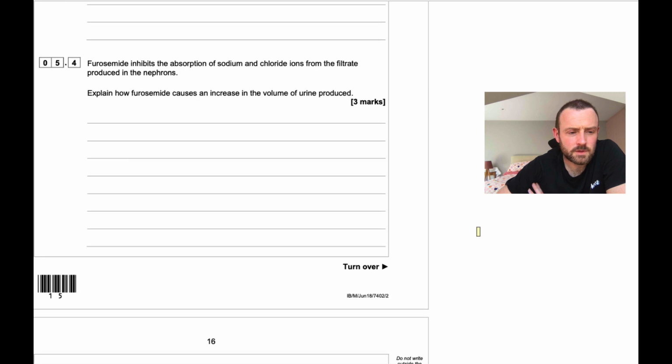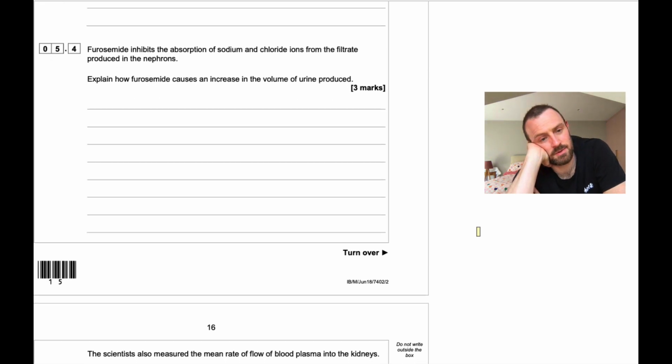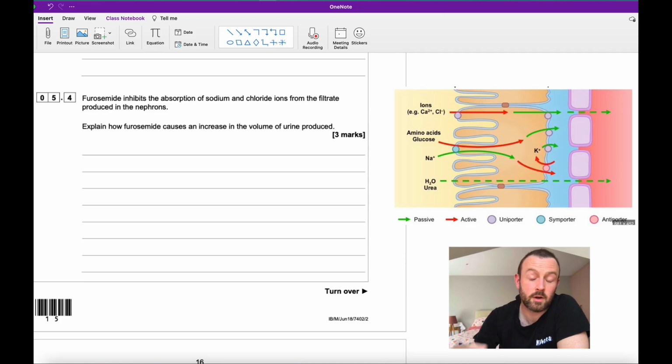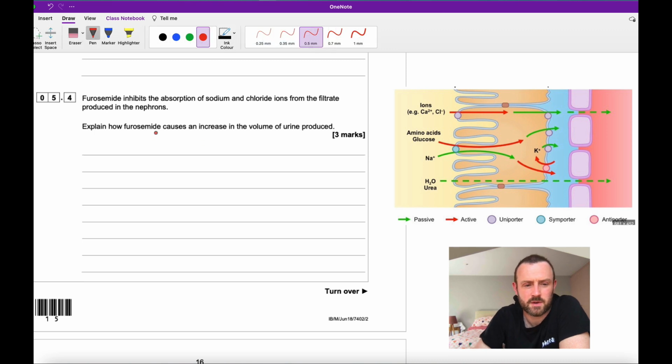5.4. Furosemide inhibits the absorption of sodium and chloride ions from the filtrate produced in the nephrons. Okay, so I just quickly dropped this picture in here just to explain.